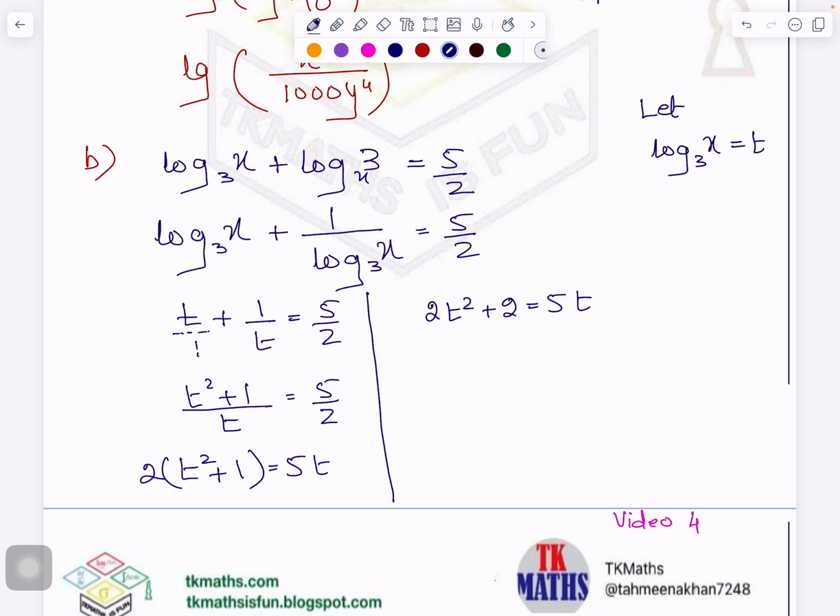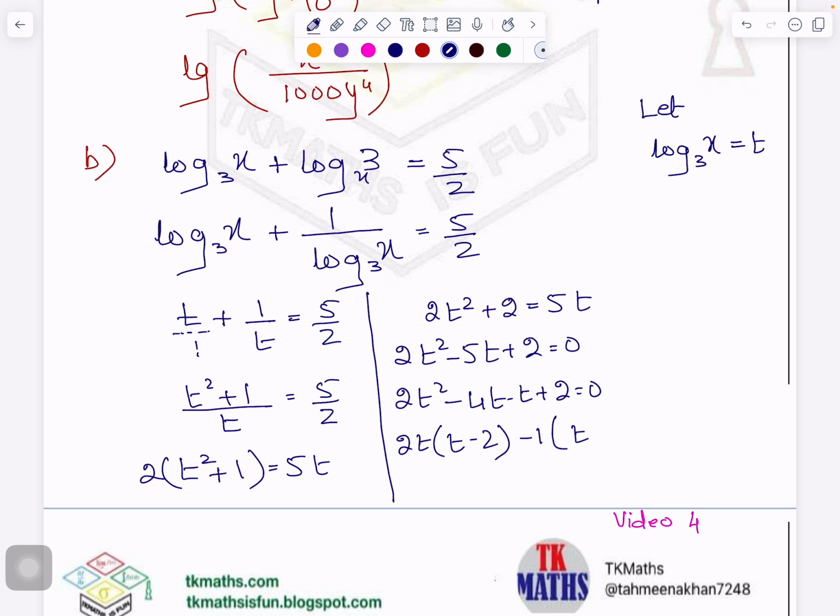Right? So 2t square minus 5t plus 2. Now if you factorize it, one more step, 4t minus t. So you can easily factorize and get the values of t. So you are getting one value of t as 2, another value is half.